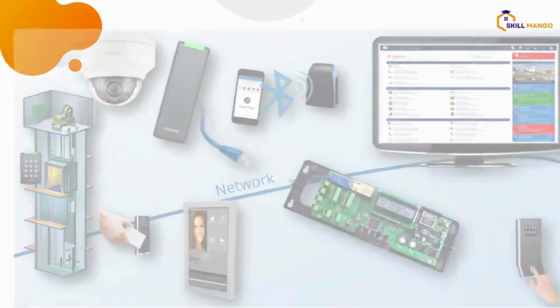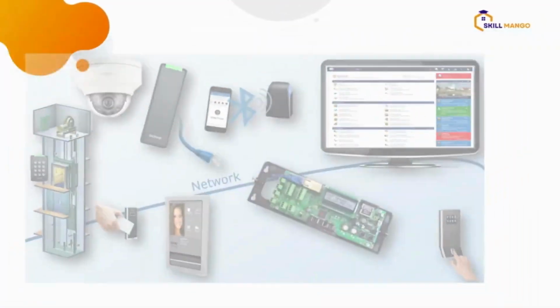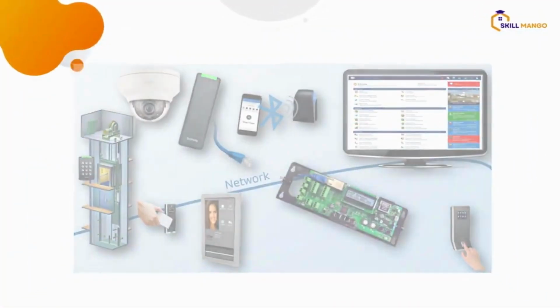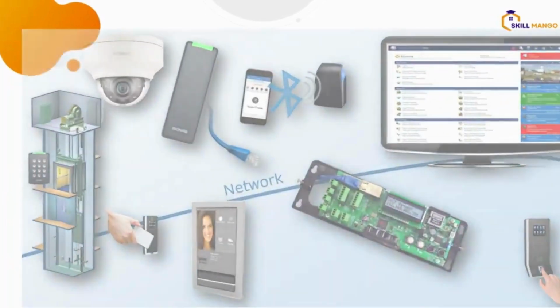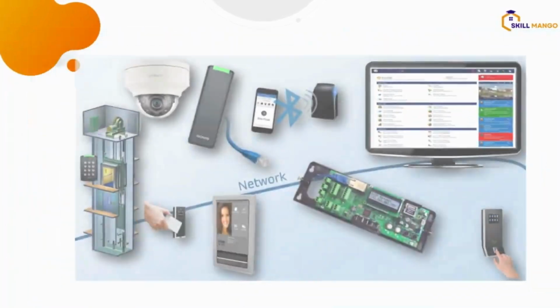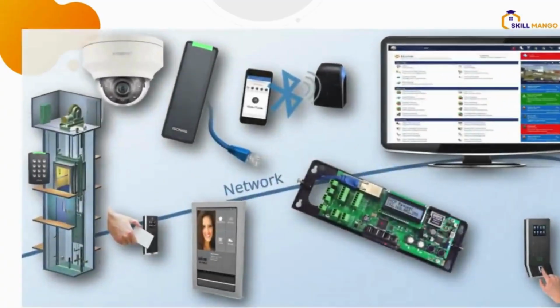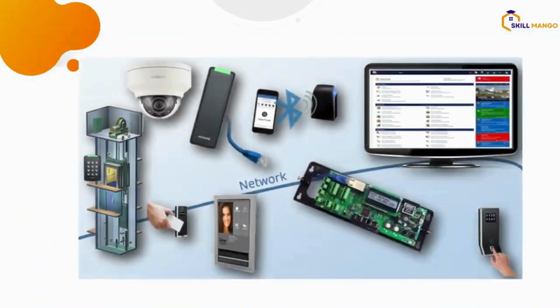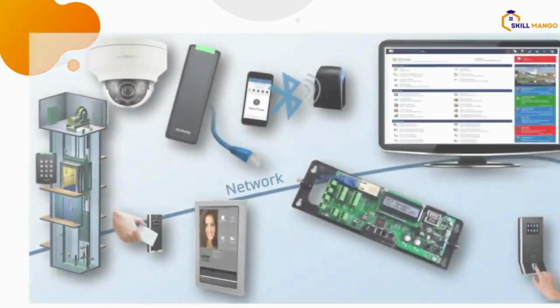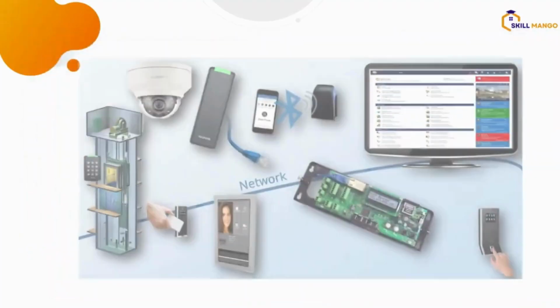Then you could also look at unauthorized access: unauthorized people trying to flash their card or try some funny things. The camera can be configured to look at those events automatically. There are a lot of smart functions and integrations you can do between CCTV and access control in a secured environment.